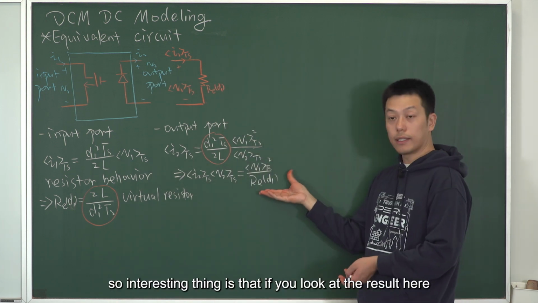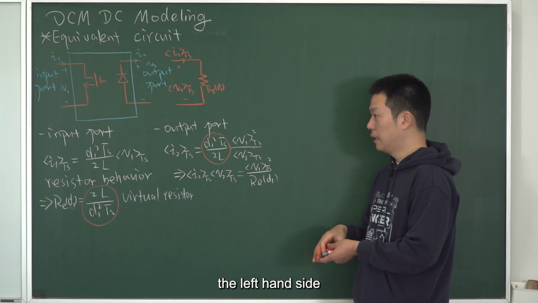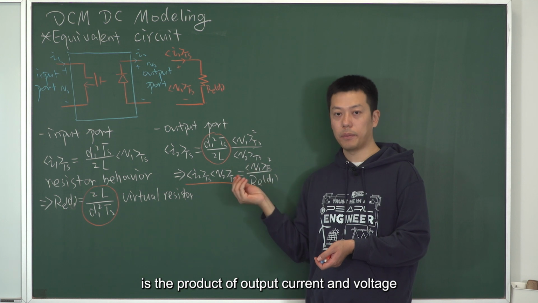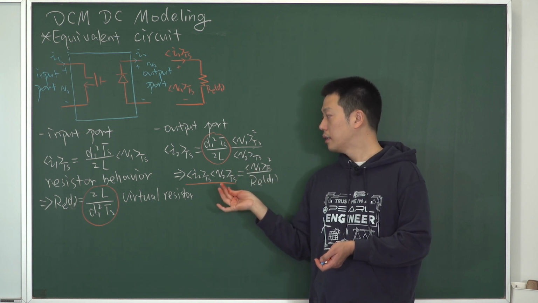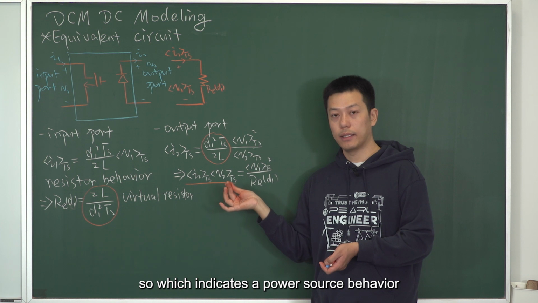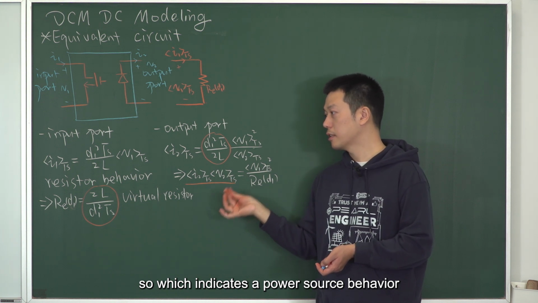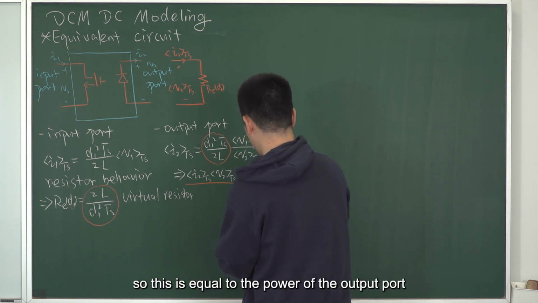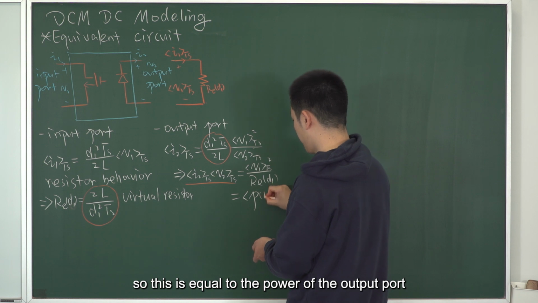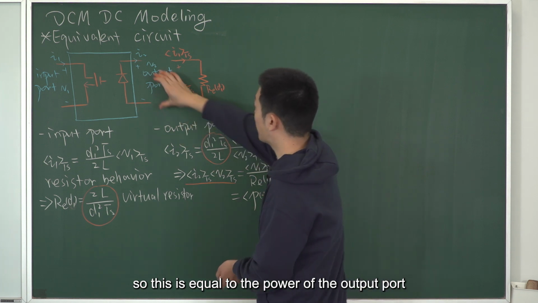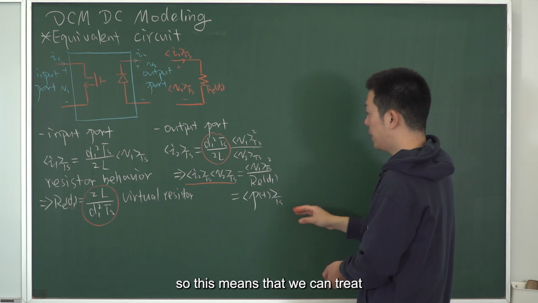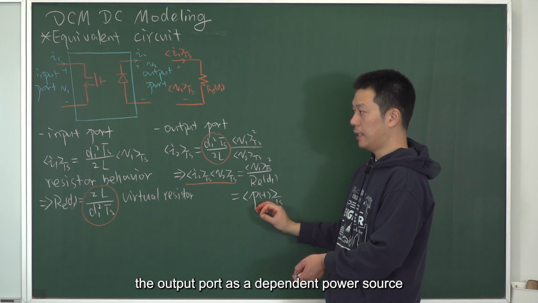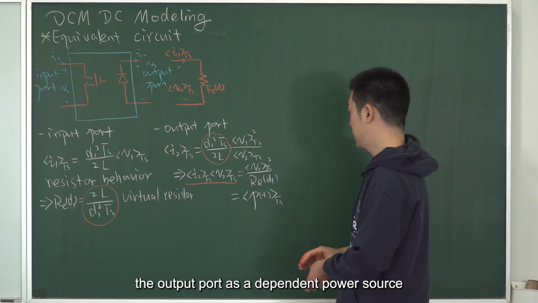So the interesting thing is that if you look at the result here, the left-hand side is the product of output current and voltage. So which indicates a power source behavior. So this is equal to the power of the output port, right? Output port. So this means that we can treat the output port as a dependent power source, right?